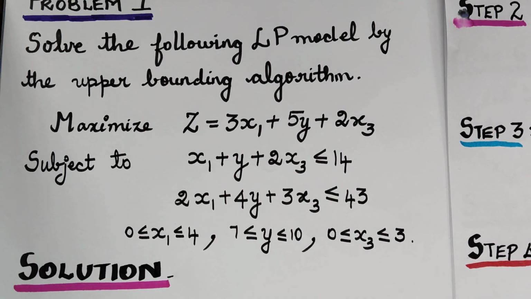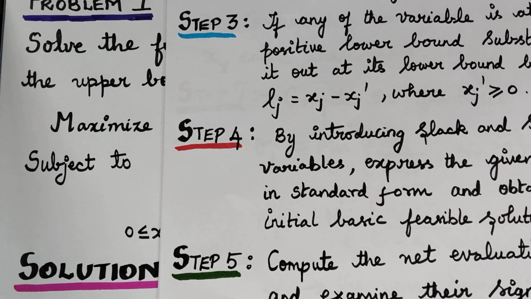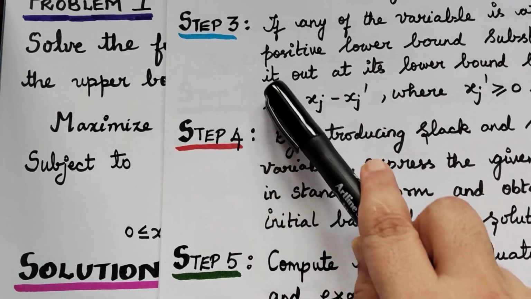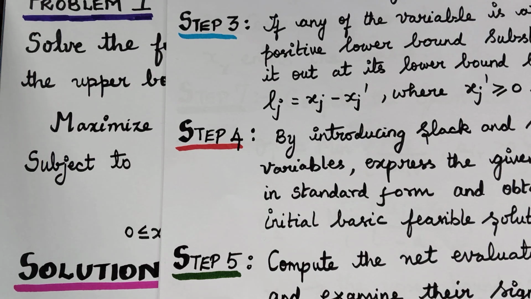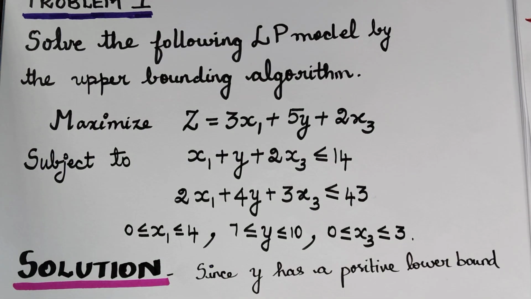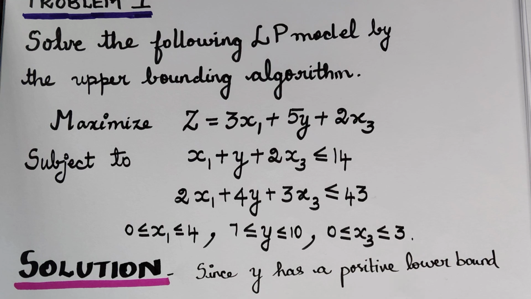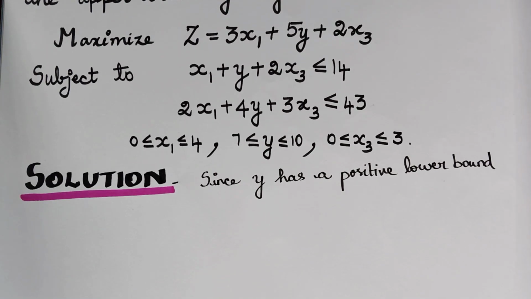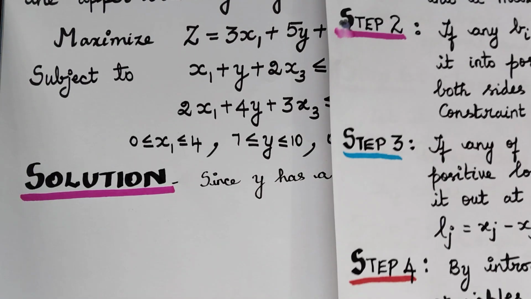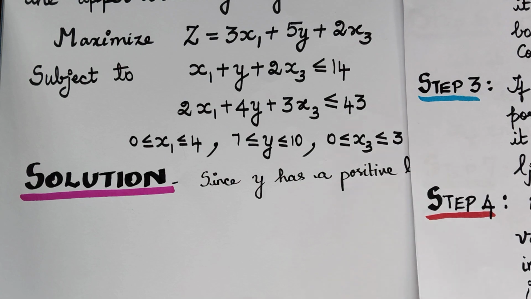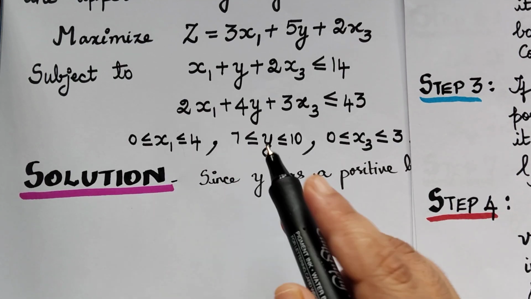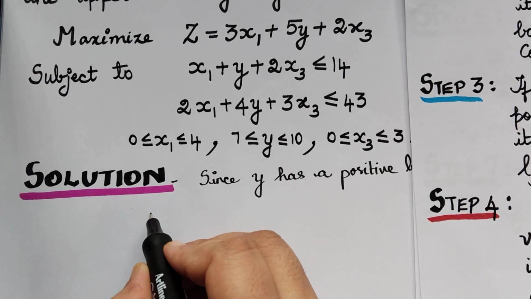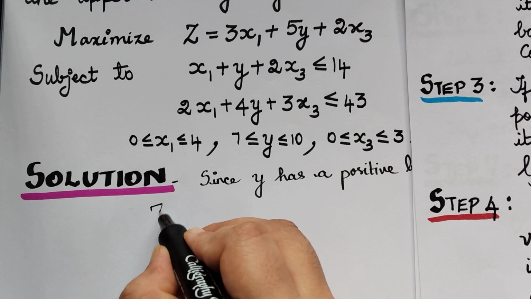So what should the substitution be? It should be Lj, that is the lower bound, first we have to write. So let us write that. I have written here, since y has a positive lower bound, how do we make the substitution? First the limit Lj. What is the lower bound for y? It is 7, so we will write 7.